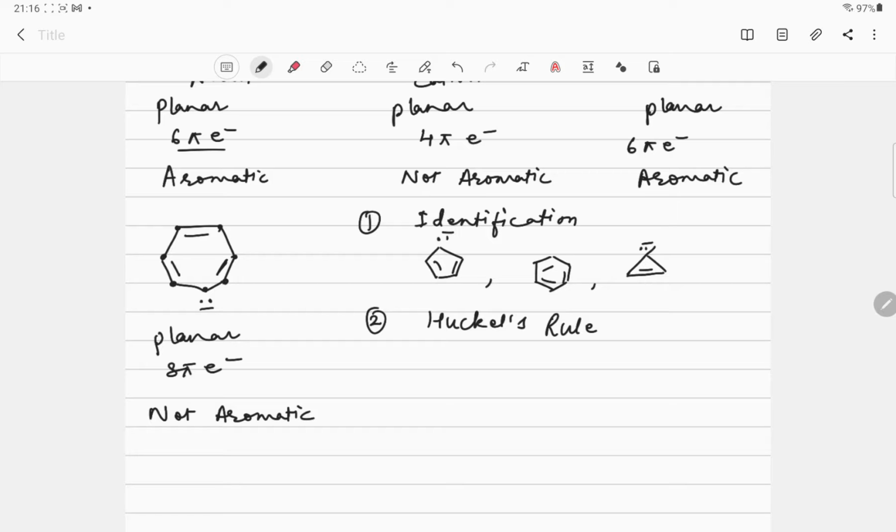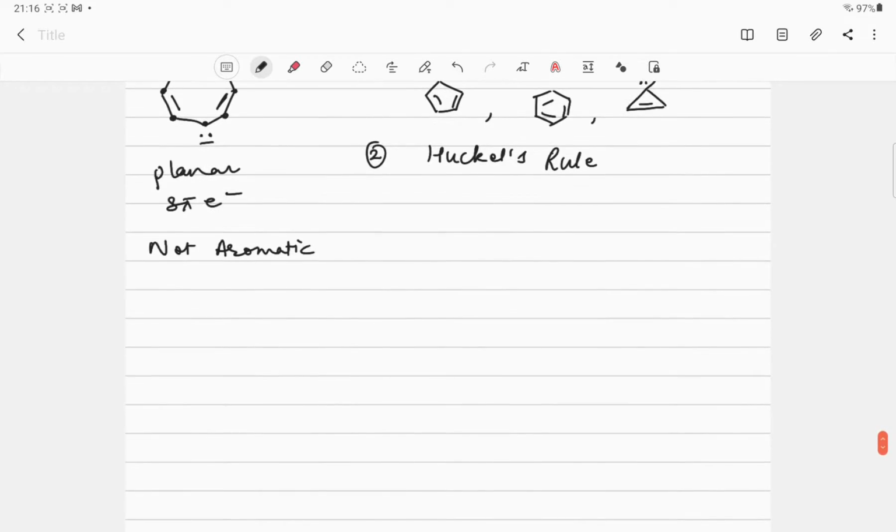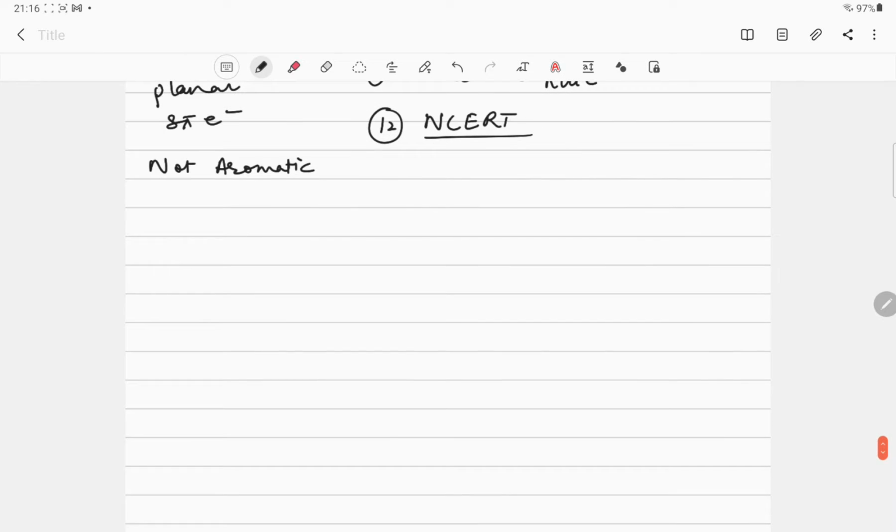Now there is a question given in the NCERT exercise also based on the same topic, that is question number 12. What does this question state? Here we are given various compounds, like one compound is this, and we are told the compound is not aromatic, and we are supposed to tell why.